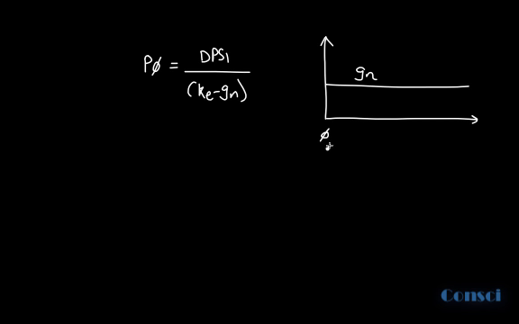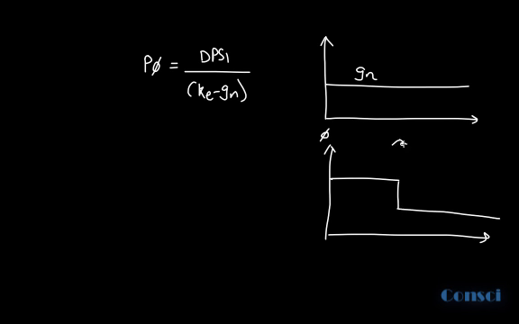In the two-stage model, you would see a high growth model followed by a stable growth model. Let us say this is the nth year, then P0 is the present value of high growth DPS plus the present value of the terminal value.